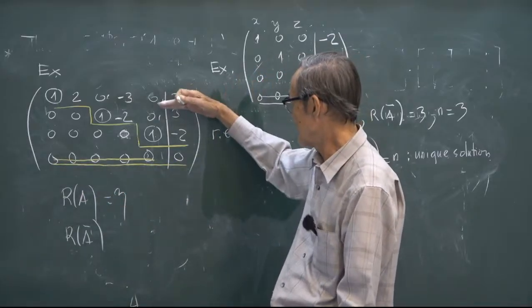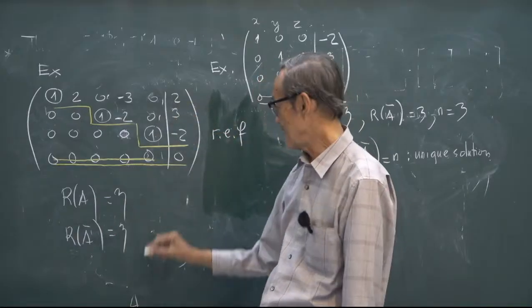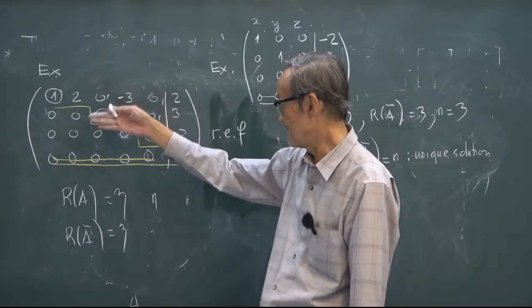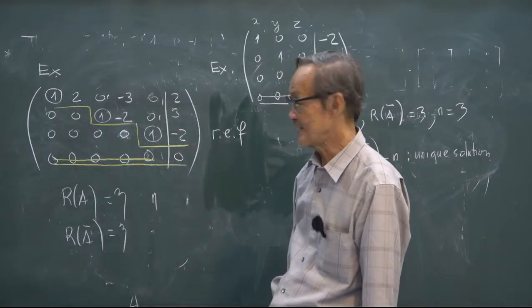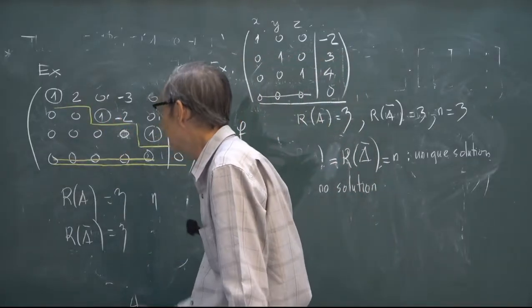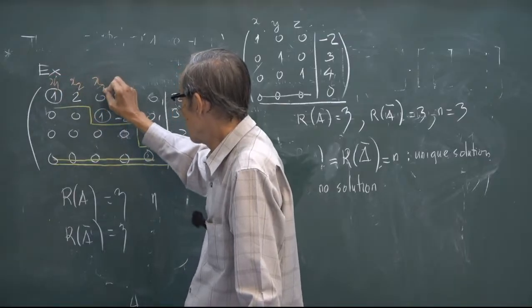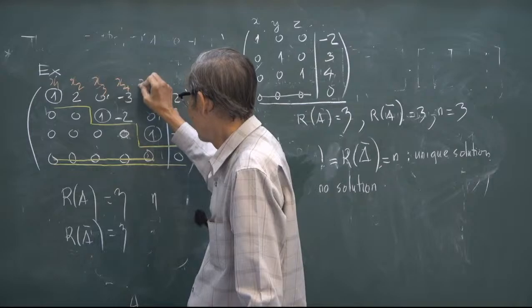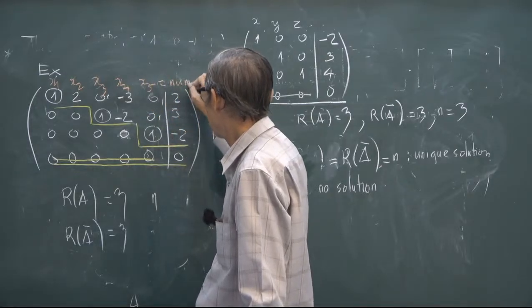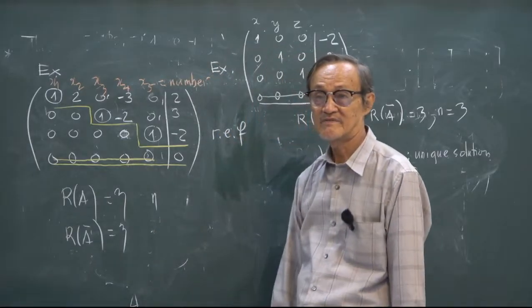We have 1, 2, 3. And the number of columns of the left-hand side: x1, x2, x3, x4, x5 equals the number.